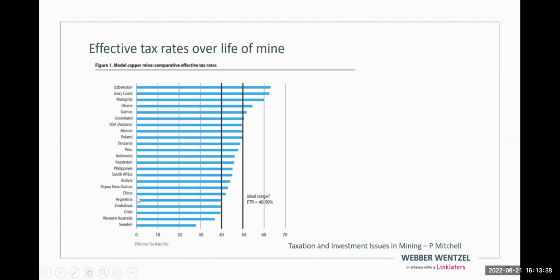Of course, it's not holistic, but it's an interesting point that the ideal range is regarded as between 40 and 50%. And it does seem like a big portion of the bell curve distribution does sit there, but there are some interesting examples at the bottom and the top. If you look at Zimbabwe, interesting examples.